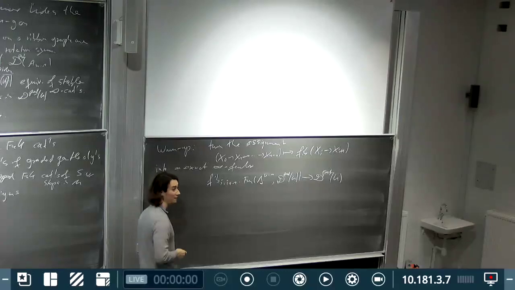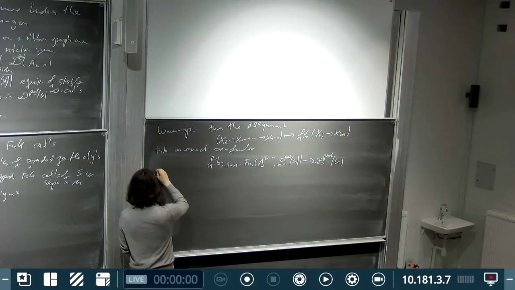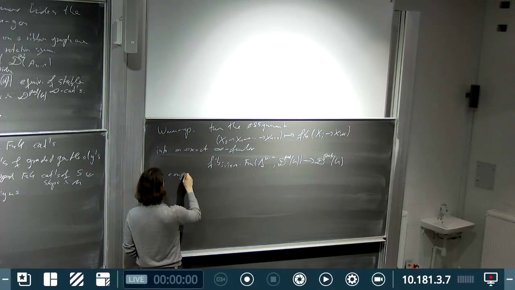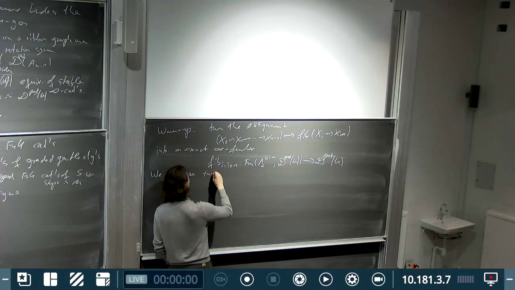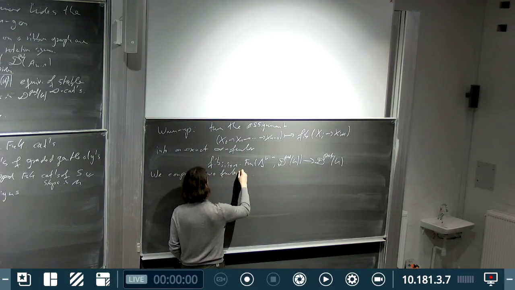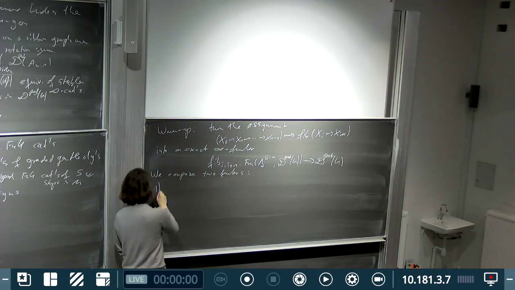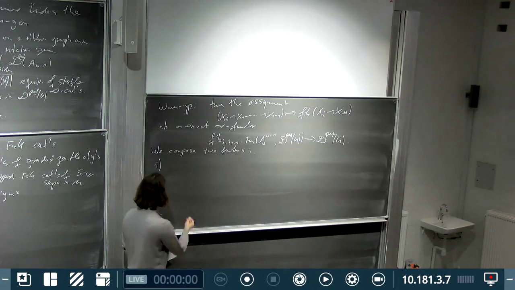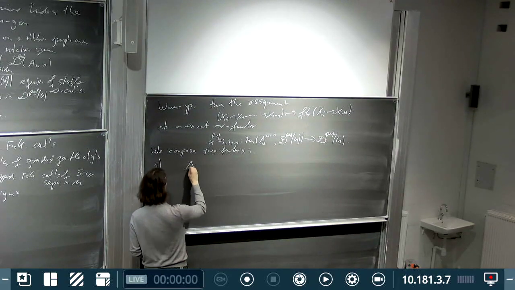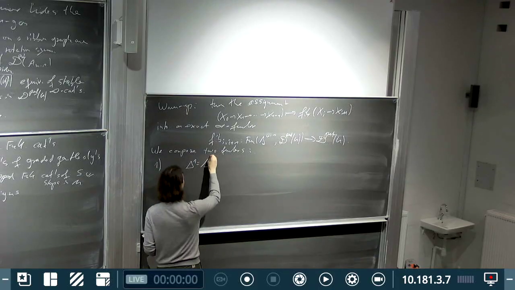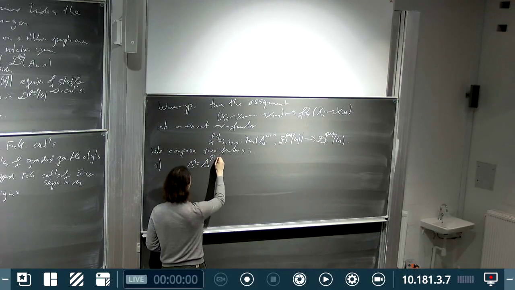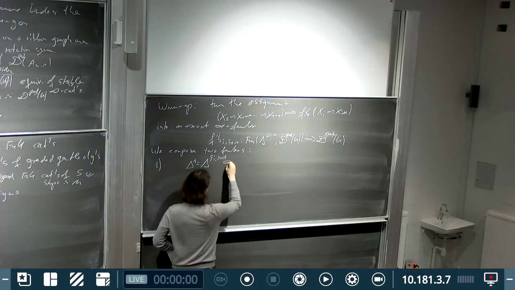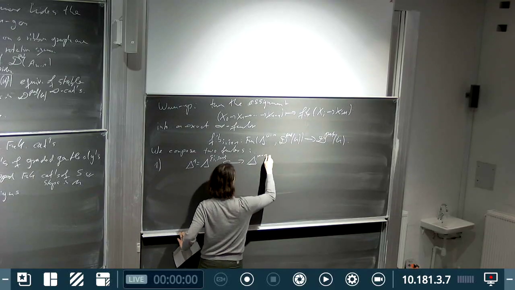And for this, we compose two functors. First of all, we look at the inclusion of delta 1, which is delta I plus 1, including delta n minus 1.